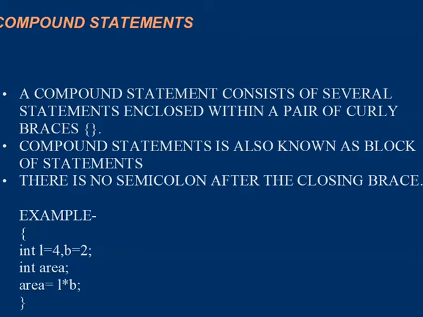And in the next line we have declared a variable area of int type. And in the next statement we are saying that area will be equal to l into b. It means the value you obtain from l into b will be assigned to the variable area. And in the last we are closing the braces. So in this way compound statements are written.